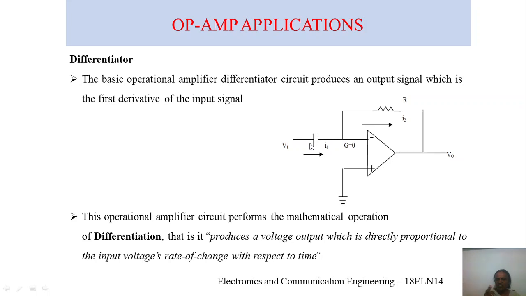It means that R and C are interchanged, whereas the rest of the circuit remains intact. This produces a virtual ground, and this voltage will always be zero.